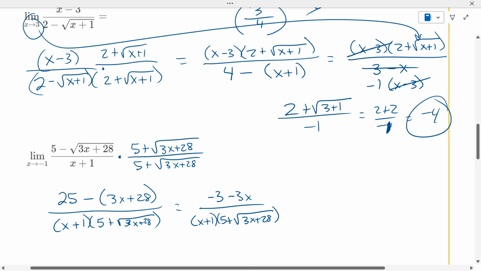Now, I want to cancel that x plus 1. How can I cancel out that x plus 1? What am I going to factor out on the top? Negative 3.